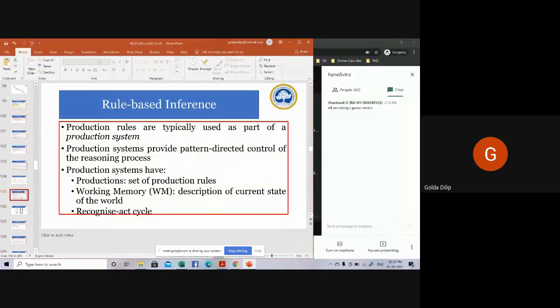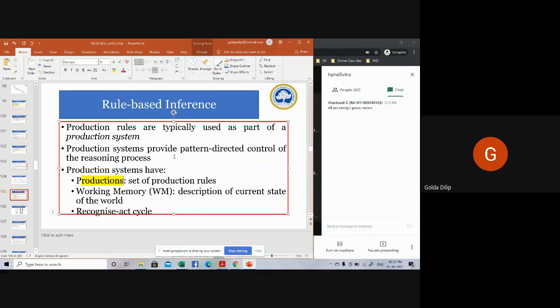Now coming to rule-based inference. A production system will have a set of productions, that is, condition-action pairs. These define a set of production rules, something which will define a chunk of problem-solving knowledge.